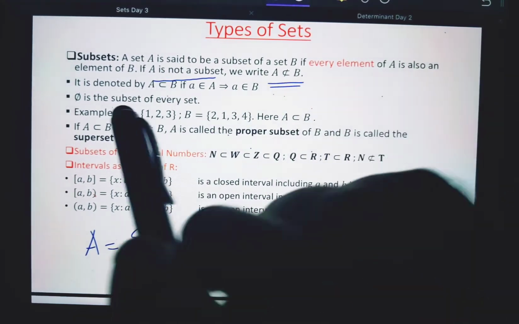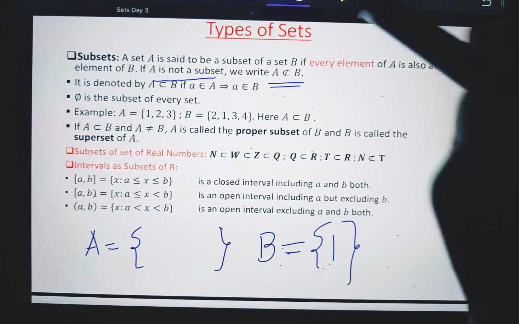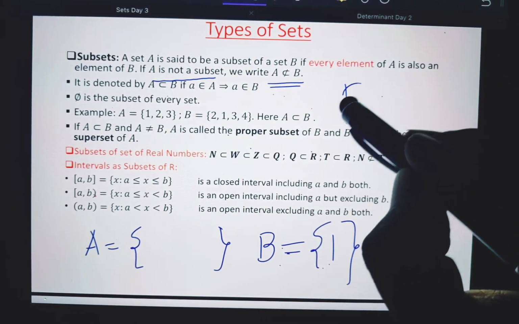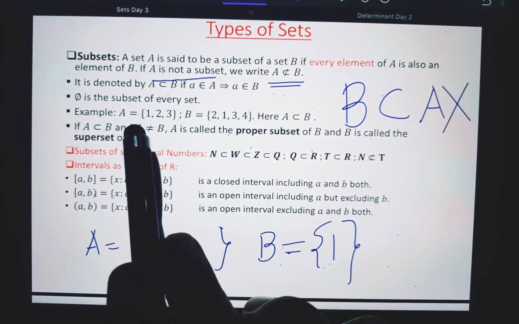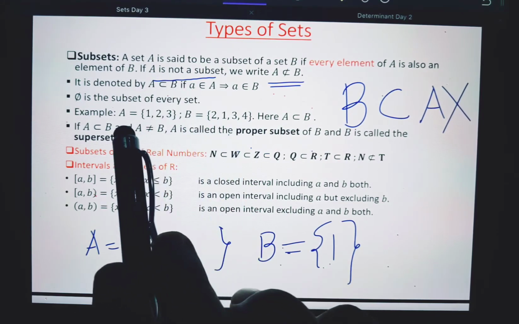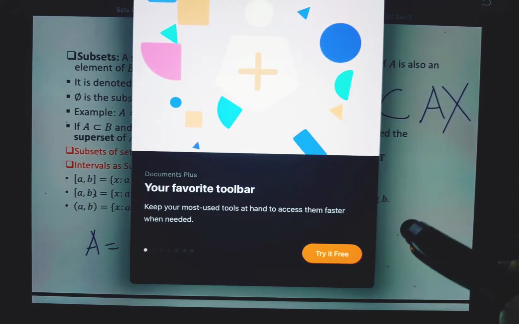Clear? Achha, look at this one: 1, 2, 3 and 2, 1, 3, 4. Can I say B is a subset of A? No, it's not possible. Why? Because you see 4 is not there. So B cannot be a subset of A. Understood? Clear?